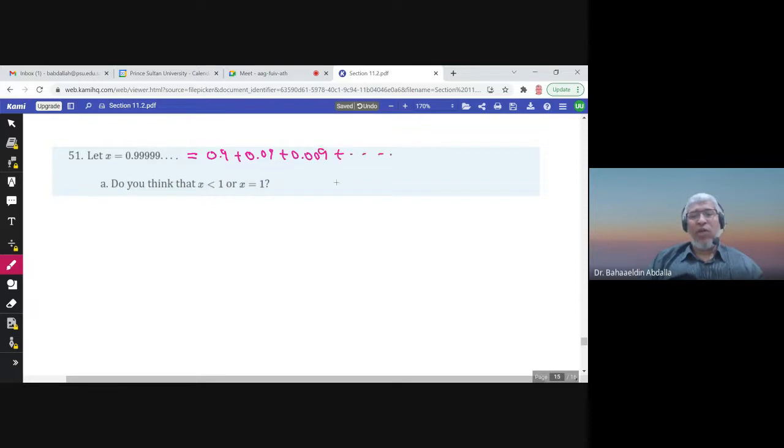And this is a geometric series with a equals 0.9 and r equals 0.1, if you divide 0.09 over 0.9. So it is a convergent geometric series, r is less than 1, and the sum would be 9 over 1 minus 0.1, and that's 9, a is 0.9, sorry, not 9.